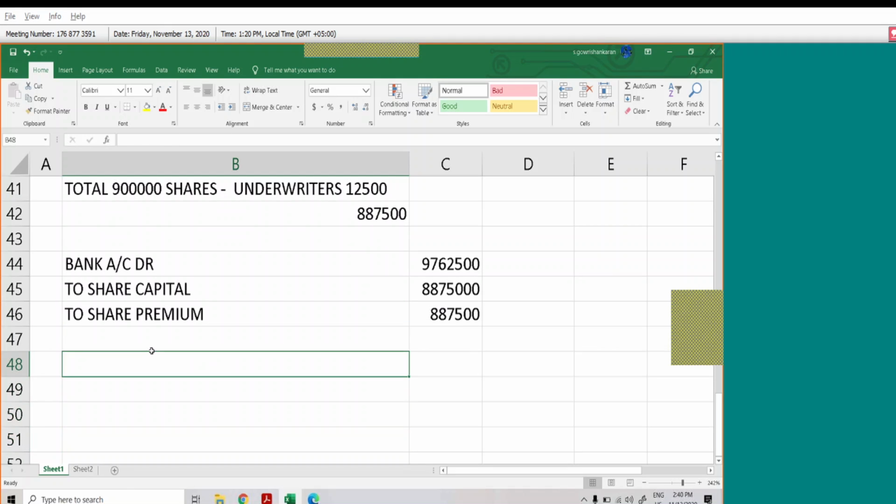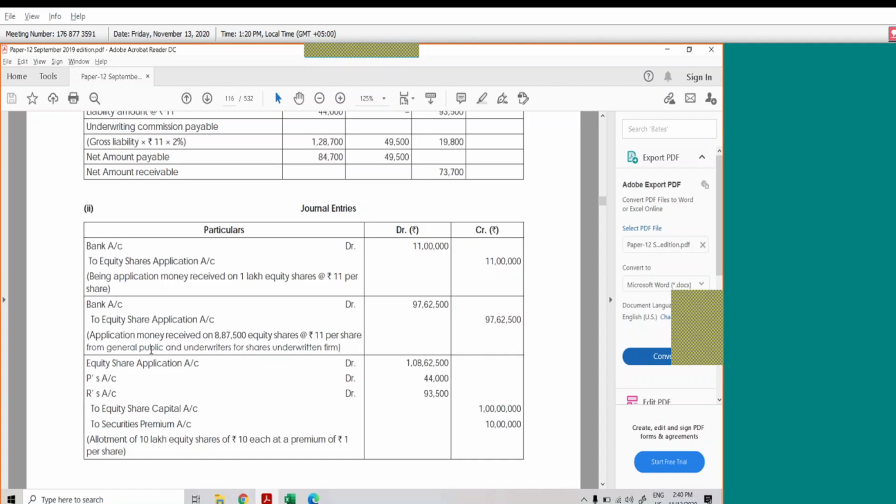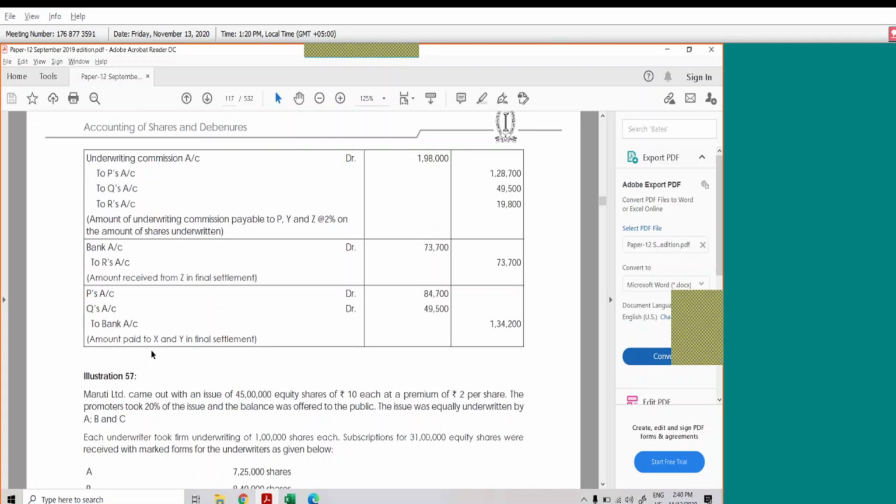So due to commission payable, the next entry will be... what is the next entry? Share application, totally they allotted for P and R. Underwriting commission.